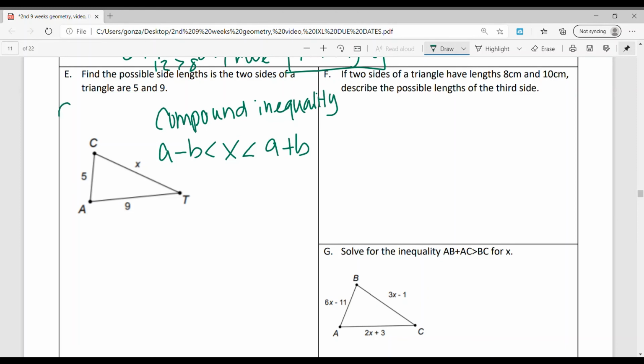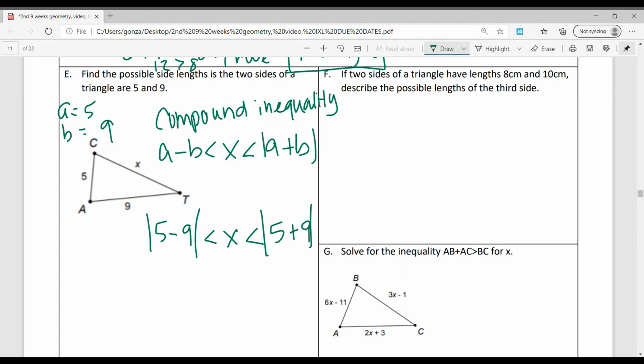We're going to say that A equals 5 and B equals 9. So |5 minus 9| is less than X, which is less than 5 plus 9. And we're looking for the absolute value, so anything that comes out of the absolute value is going to be positive.